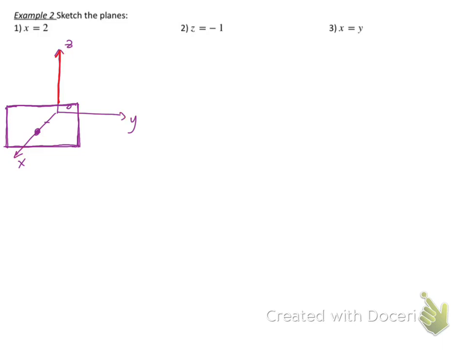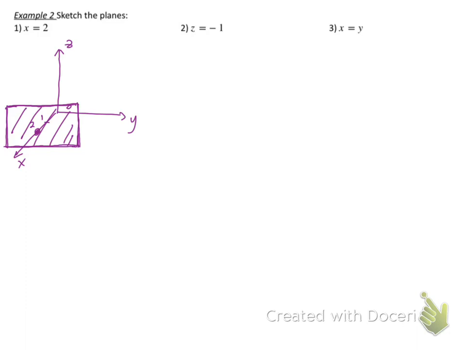But of course I need to say this is 1, this is 2. If you want to, a little bit of shading might be helpful to make the plane, which in this case is the rectangle, stand out a little bit more.